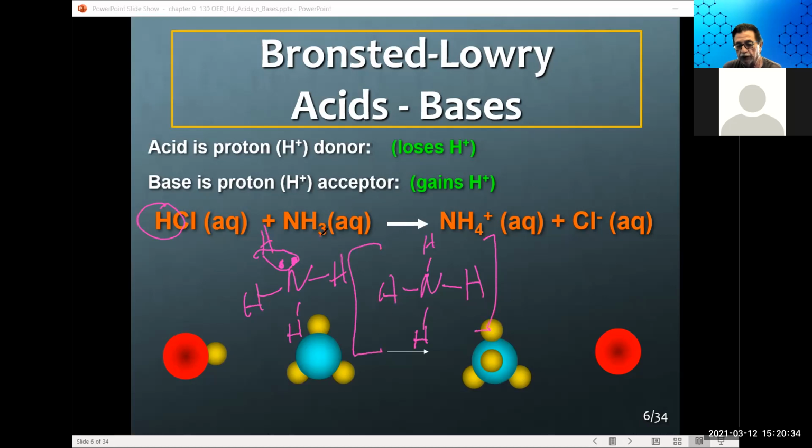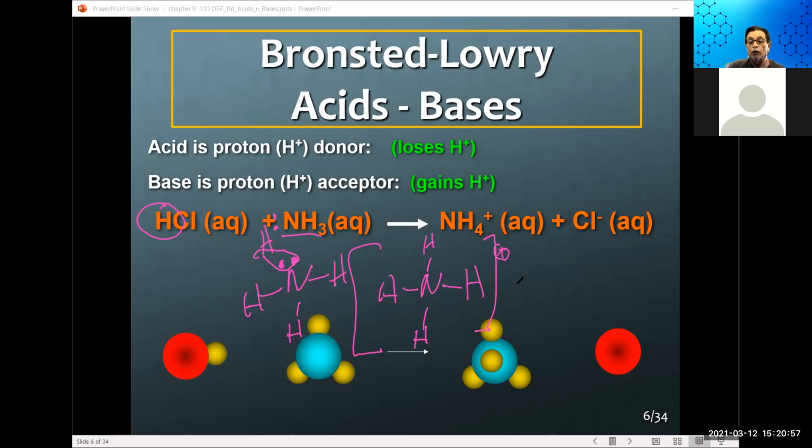And so ammonia, NH3, with the lone pair of electrons, combines with the proton to form the salt here, the ammonium salt, okay, with a plus charge on this thing, and then the corresponding chloride. And so it neutralized the acid, okay?